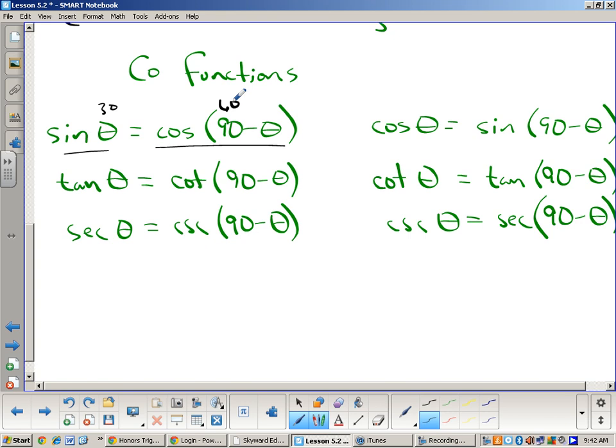And that's true with all these cofunctions. So the cofunctions, sine and cosine, tangent, cotangent, secant, cosecant. And then the other half are just doing it the other way around.